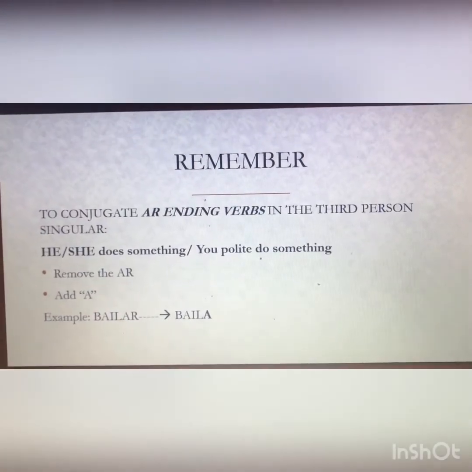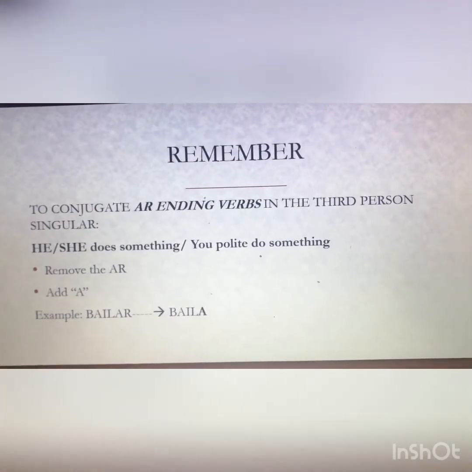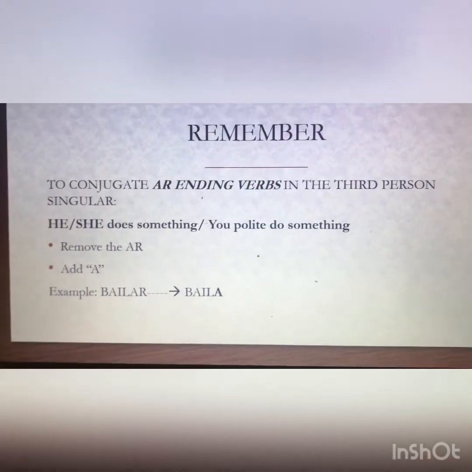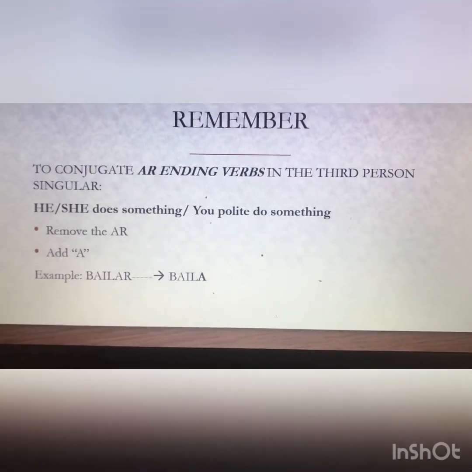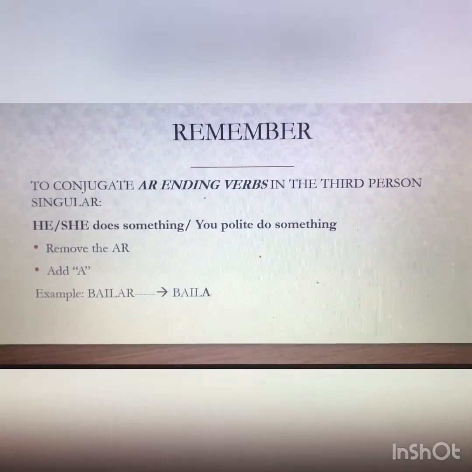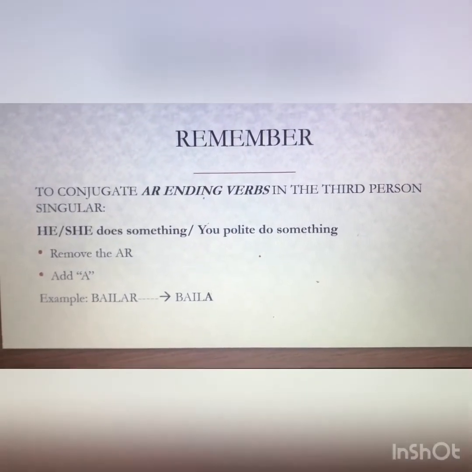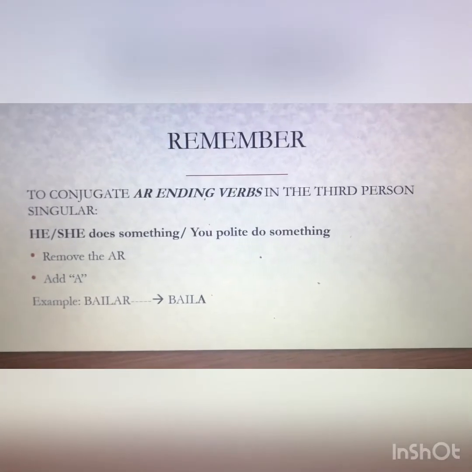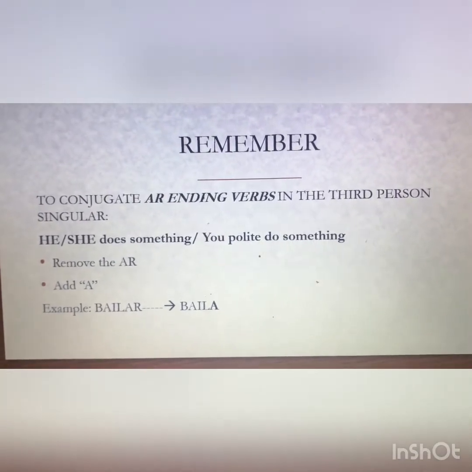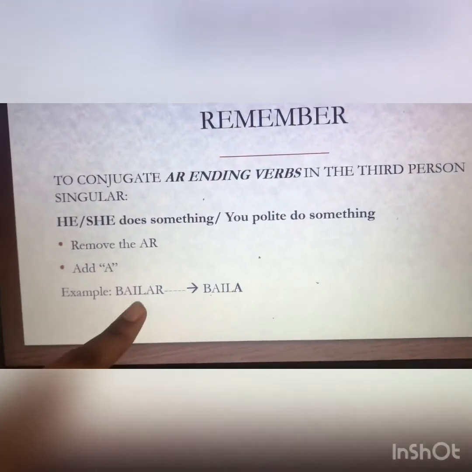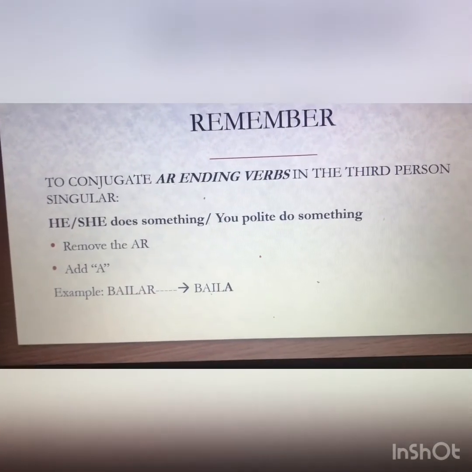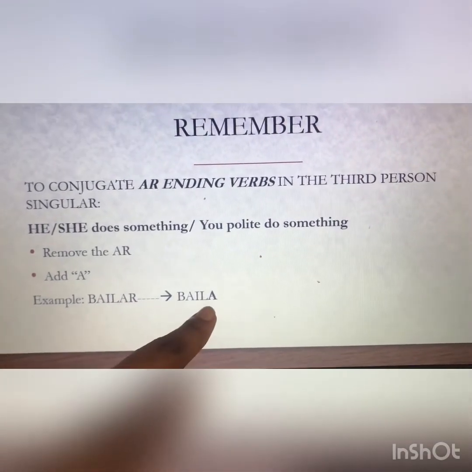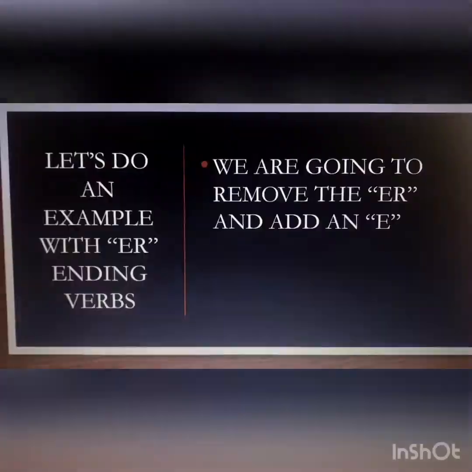So remember, to conjugate the AR ending verbs in the third person singular, remember third person is he, she, or the you polite, all you have to do for the AR verbs is this. You are going to remove the AR, take off the AR, then you're going to add an A. So for example, we had bailar, we took off the AR, then we added an A, and then we ended up with baila. Alright, let's continue.